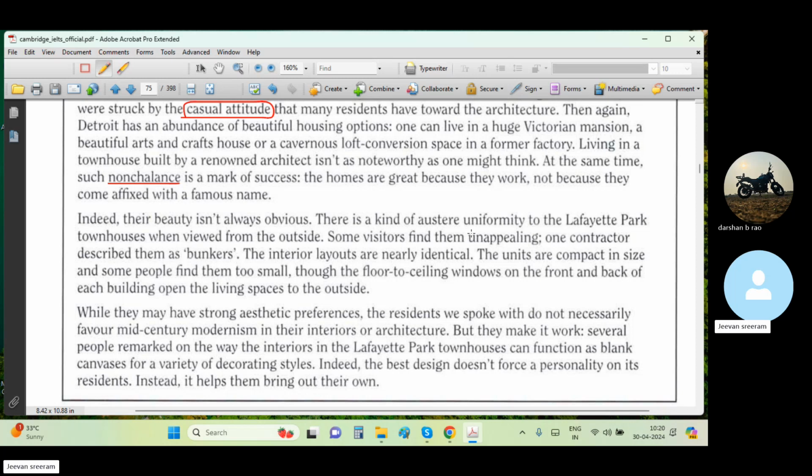Through the windows, you can clearly see what it is like. Although they can see sufficient space within the house, the people who look at them from outside feel they are bunkers, too small.